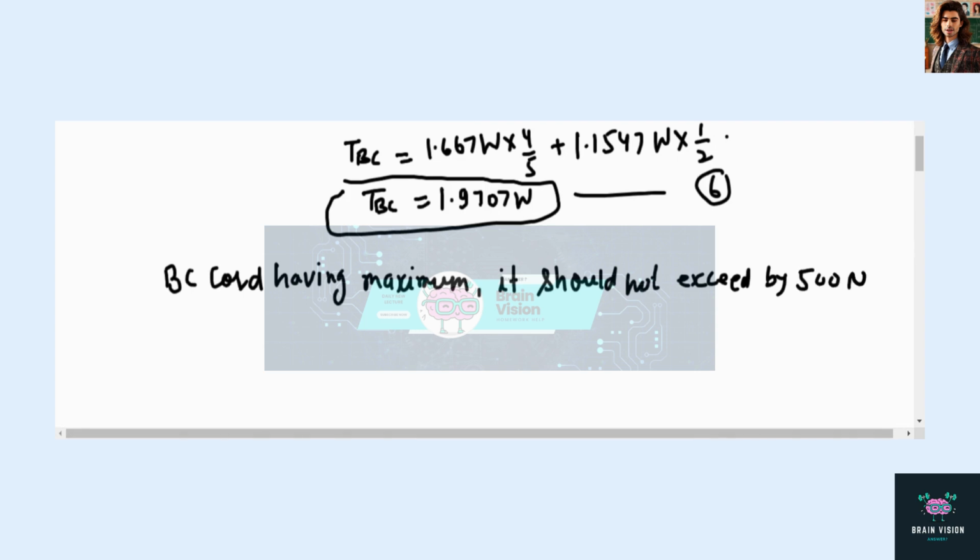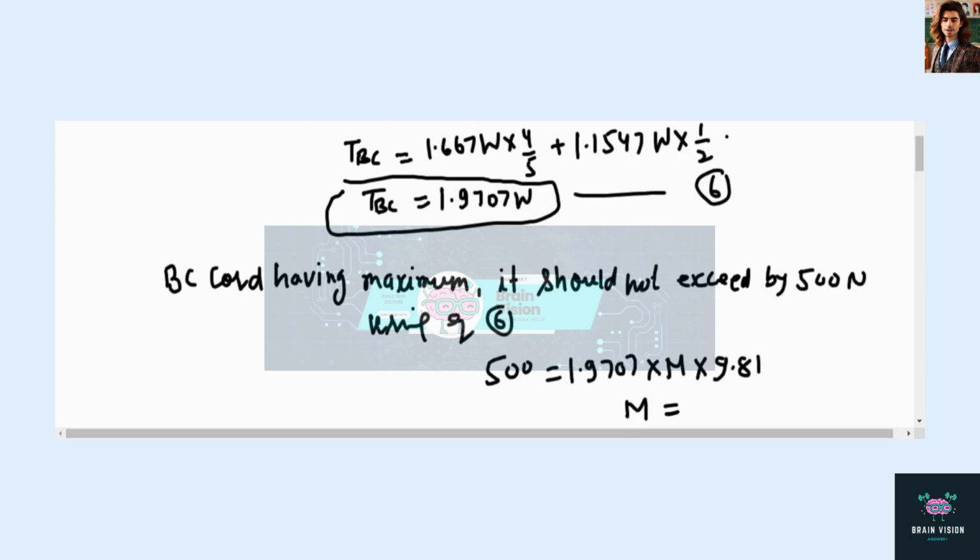So from here we will substitute using equation 6, 500 equals 1.9707 times mass of the cylinder into g, that is 9.81. So from here mass of the cylinder we will get 26.7 kg. So maximum mass of the cylinder which can be suspended is 26.7 kg. That is the answer for this problem. Thanks for watching it.